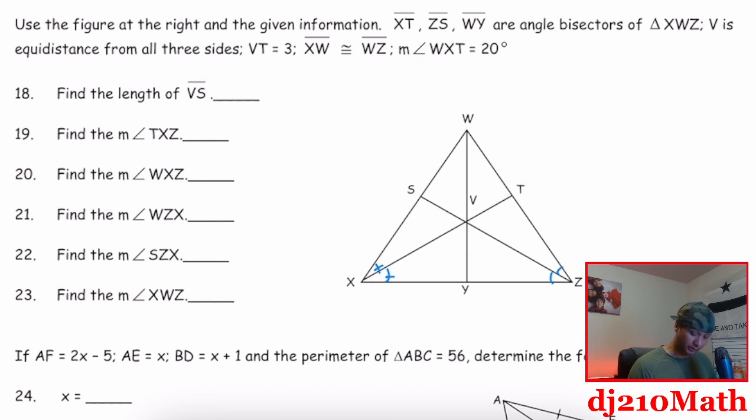Now the question is, is it equal to the other side? XZ and WY. So these are congruent also, to each other, right?